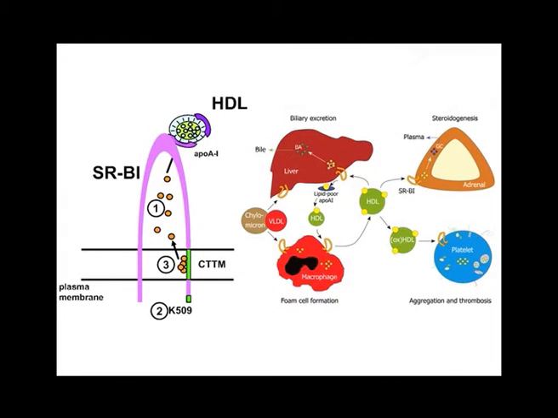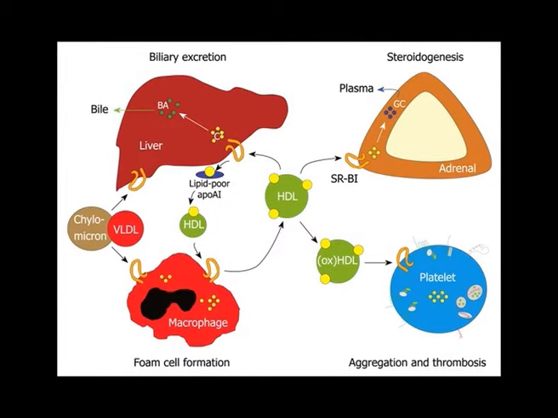The class B scavenger receptor B1, SRB1, has been identified as an HDL receptor with a dual role in HDL metabolism. In the liver and in steroidogenic tissues, it binds HDL via ApoA1 and cholesterol esters are selectively delivered to the cells, although the particle itself, including ApoA1, is not taken up.